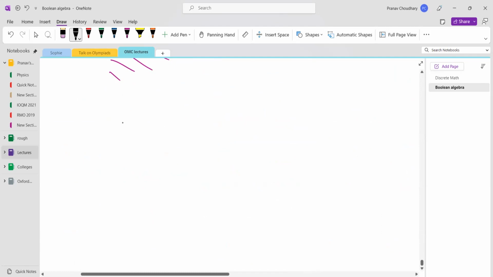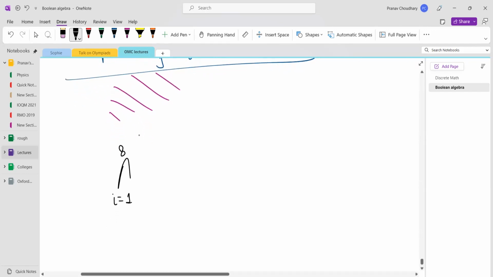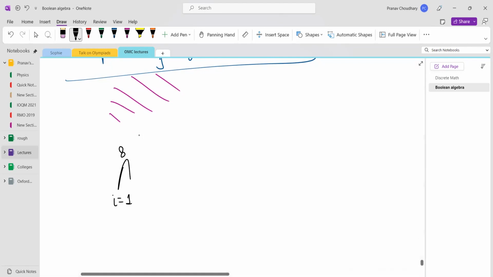So let's just go over the leftmost column once first. So i equals 1 to 8. And how do you code up the diagonals? You want each diagonal to have exactly one plane.